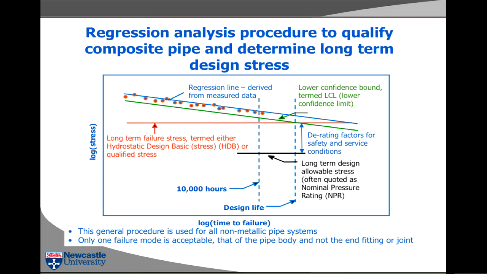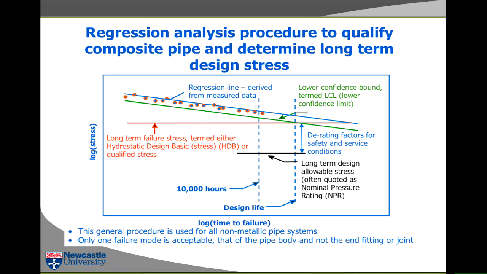And the thing that governs the position of this lower confidence limit, of course, is the scatter of the points. So if you're a good company and you make a very, very consistent product, and there's very little scatter or variation in the quality of the product, then your LCL will be near to being a straight line, and it'll be near to the best fit straight line.